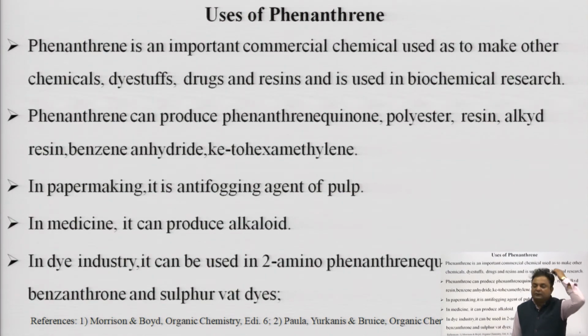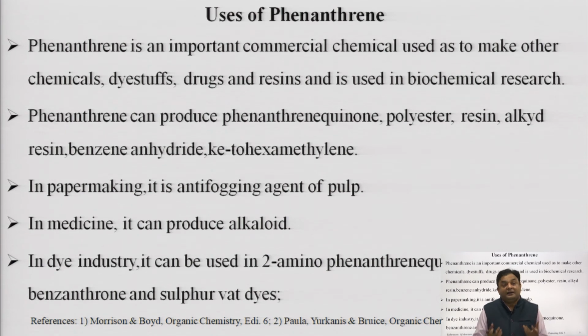Then the important part of phenanthrene is its use, its application. It is a very important chemical, but it is also very toxic. It may produce cancer. Phenanthrene is a very important commercial chemical used to make other chemicals, dyestuffs, drugs, and resins.